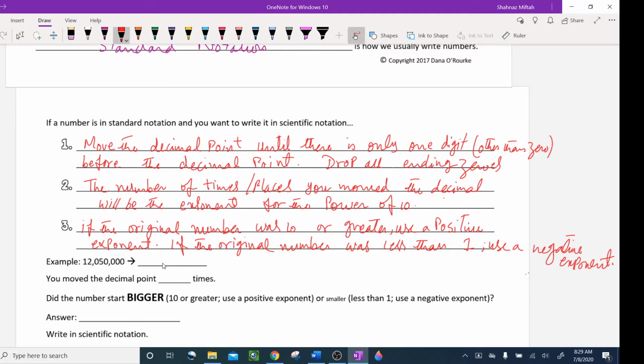Okay, so here's the example, and I'm using all three steps with it. Move the decimal point until there is only one digit before the decimal point, drop all ending zeros, and that one digit should be other than 0. So here is my standard notation. Where is my decimal? Please remember, every number has a decimal at the end.